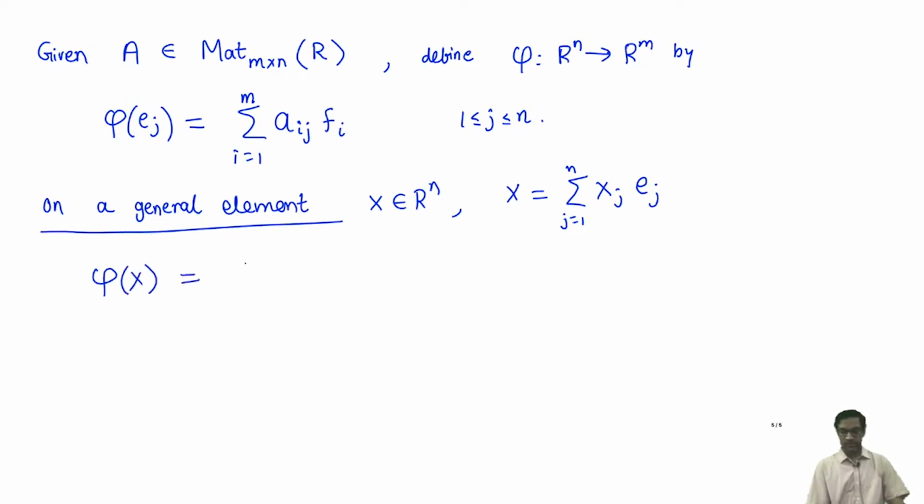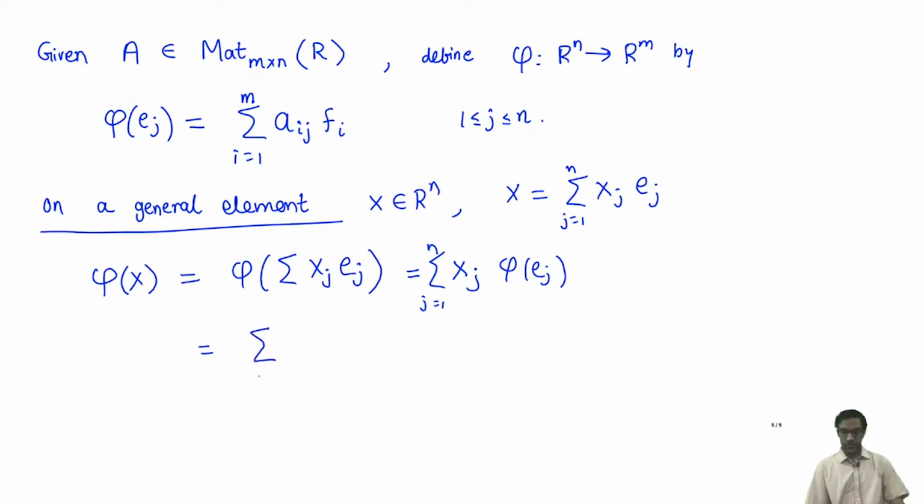Now, we have to be very careful when we do this. So, phi acting on the summation x_j e_j, by definition, I can pull the x_j's out, j goes from 1 to n, x_j phi(e_j), and phi(e_j), remember, is what is written on top. So, there is a double summation here, but since R is not a commutative ring, I have to be careful with the order in which I multiply my scalars.